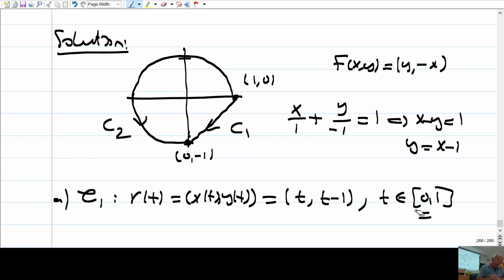So maybe I can do the following. Let y to be t and x to be 1 plus t. When you plug t equals 0, you should be at this point. And when you plug t equals 1, you should be at this point.